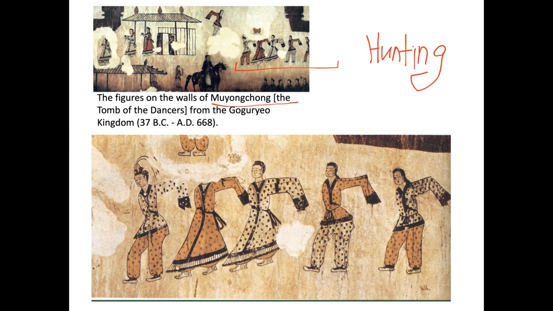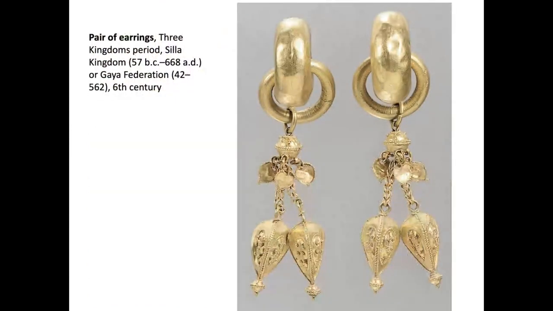Wall paintings of Goguryeo. But why did wall paintings disappear from the tomb decoration? Or what about these kind of ornate gold objects? Why did they disappear from the funerary practices? As you remember, it's because of the rise of Buddhism, right?